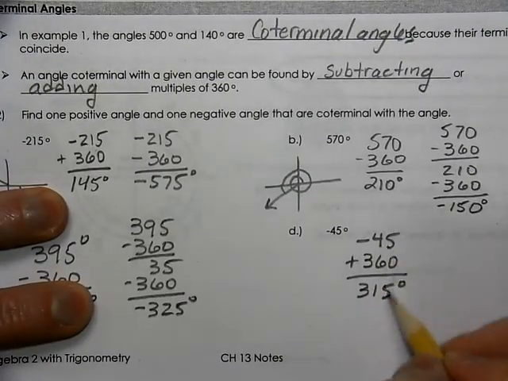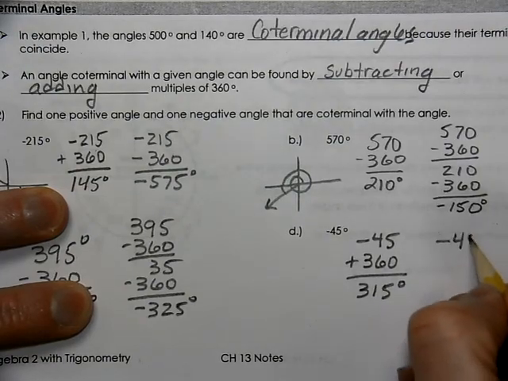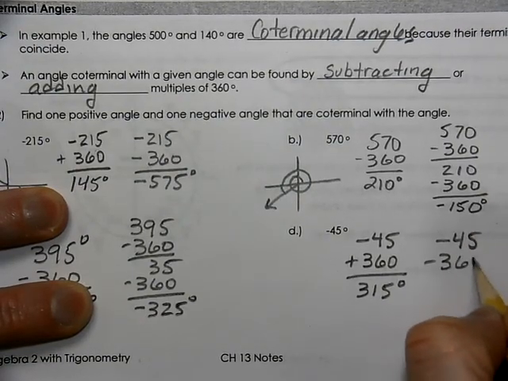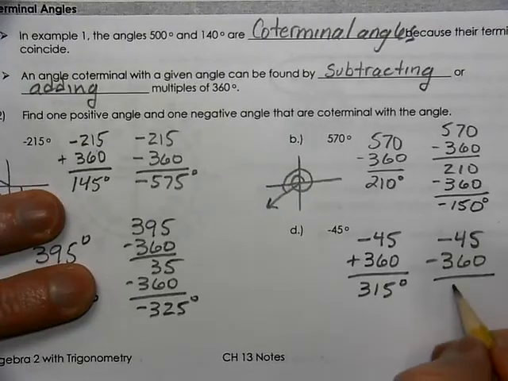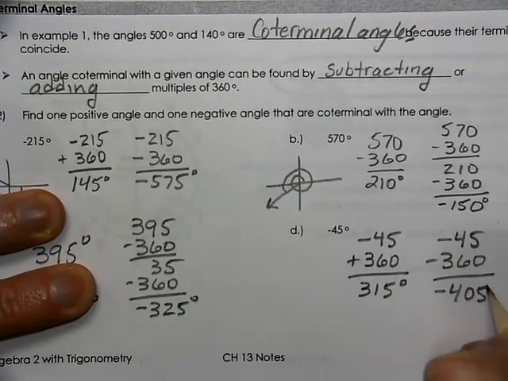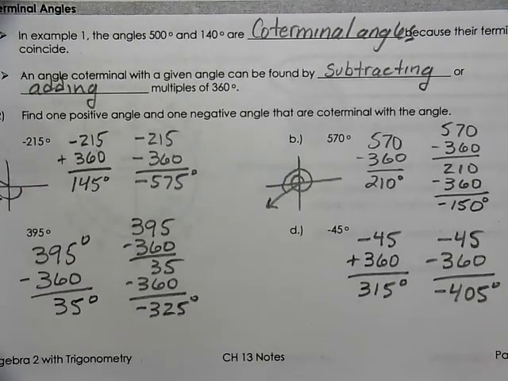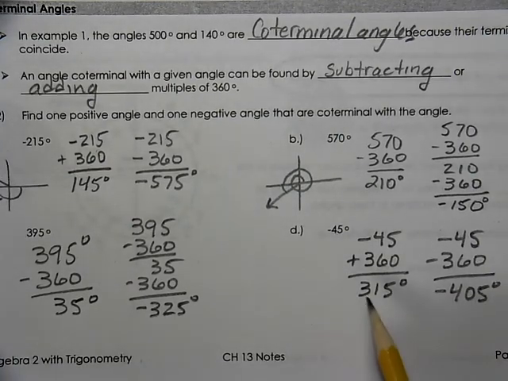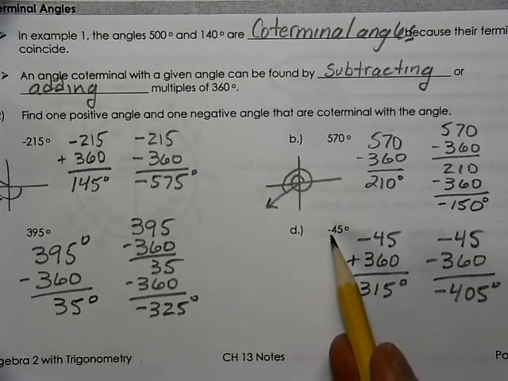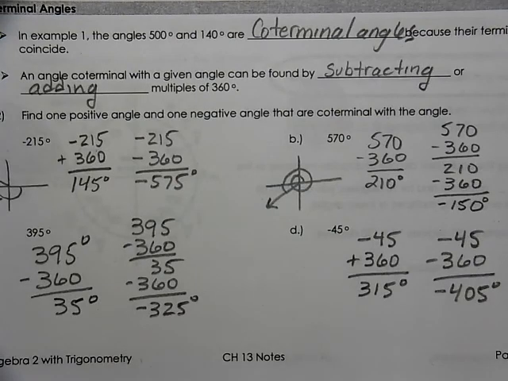Well, another way to get a negative coterminal is to subtract 360 degrees more, and that gives us a negative 405. That's a coterminal that points in the same direction as a negative 45.